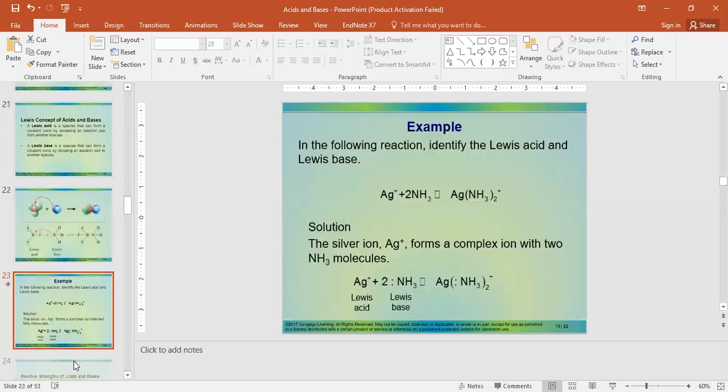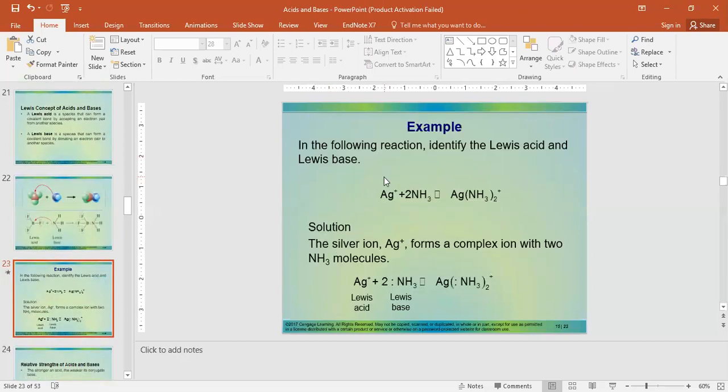Another example that we can give is the reaction between the silver ions and ammonia. This is actually what we call coordination chemistry.